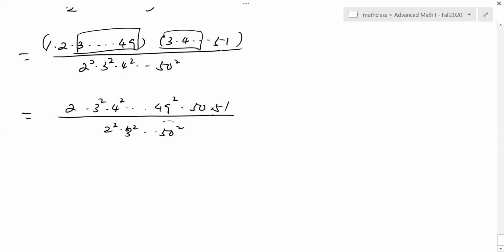All right, so you can cancel lots of terms. I think you can cancel this part with the bottom part, right?